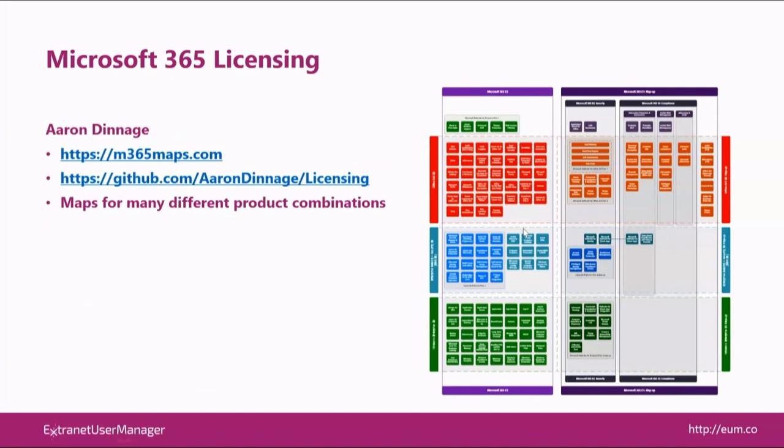Aaron Dinich is a Microsoft full-time employee, and hasn't done it for a few months now, but he was on a schedule where every month he released a new, basically Venn diagram map that says, hey, I'm in Microsoft 365 E3, and I have the EMS E5 add-on. What features do I get as part of that? You can map that all out.